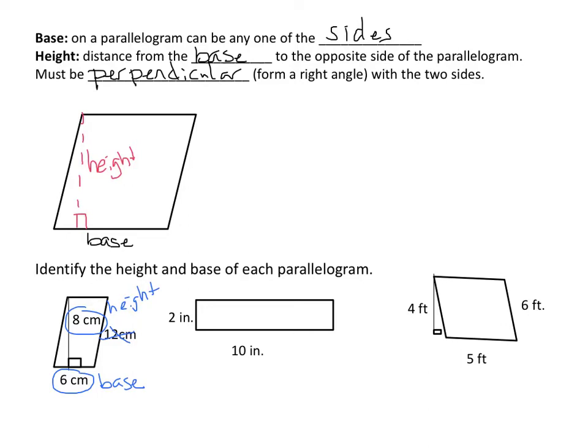On our next one, because it's a rectangle, and because this is a right angle, this is our base, and 2 inches would be our height. On this last one, 5 feet is our base, and then this one's a little bit different. That 4 feet, that line is outside, but it still comes all the way down, so 4 feet would be our height.